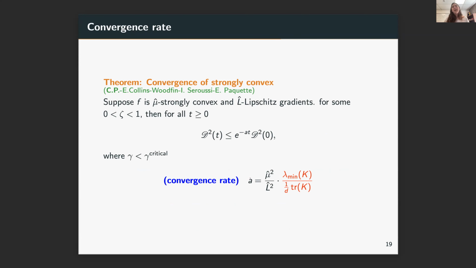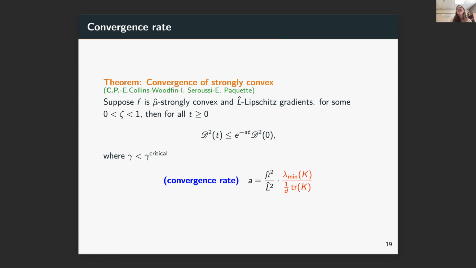So here, suppose F, my little low-dimensional function, for which it's easy to compute these quantities, is strongly convex and has Lipschitz gradient. Then D squared decreases at an exponential rate, and its convergence rate actually looks more like an average condition number. The exponential rate decreases like lambda min of K, the smallest eigenvalue of K, over the average eigenvalue.